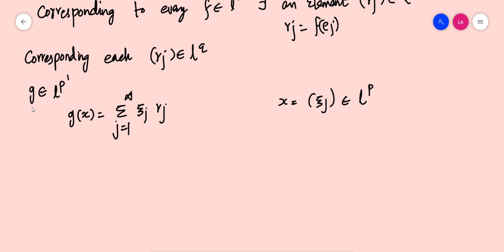We have to prove that this is actually an element in LP dash. So two conditions must be satisfied: g should be linear and g should be bounded. So g is linear.